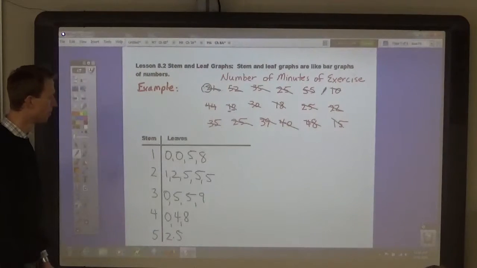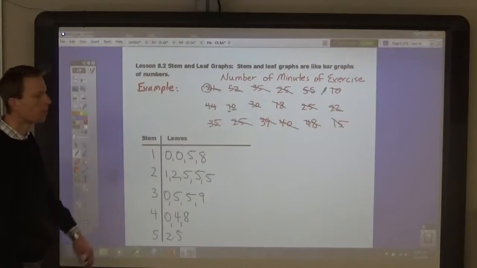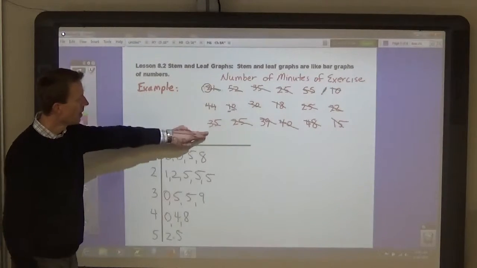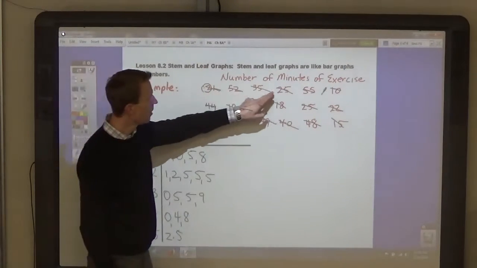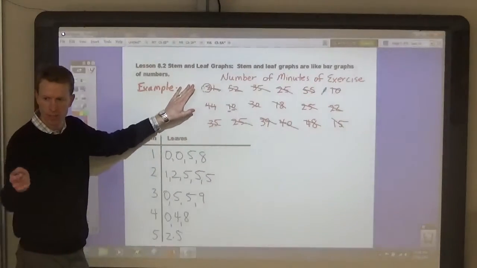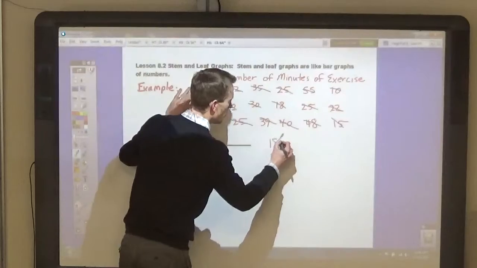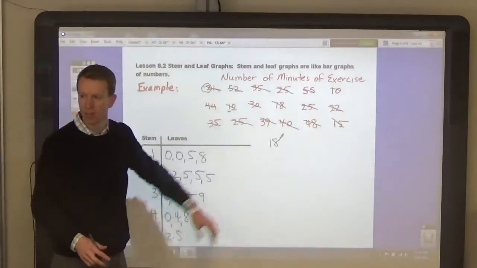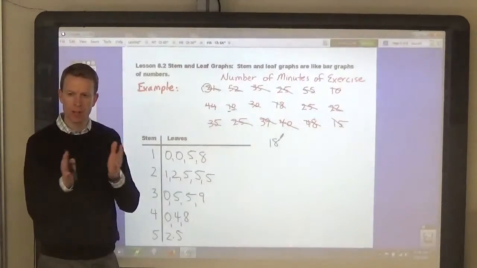And that's it, right? How many numbers are there in all? 3 by 6, 1, 2, 3, 4, 5, 6. 3 by 6. How many total numbers? 18 numbers. So since it's an even number, what would the 2 middle numbers be?